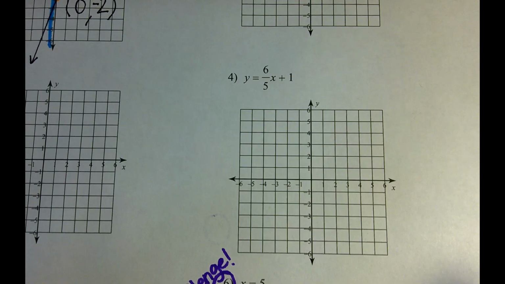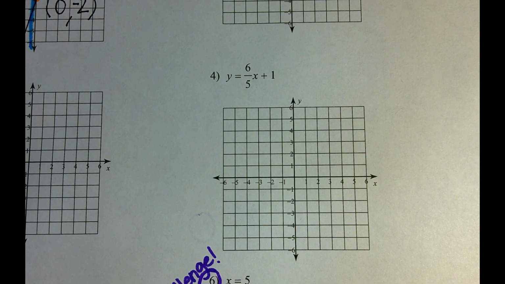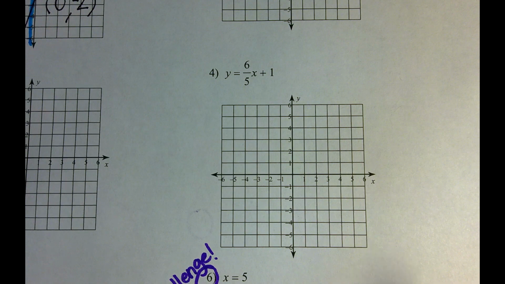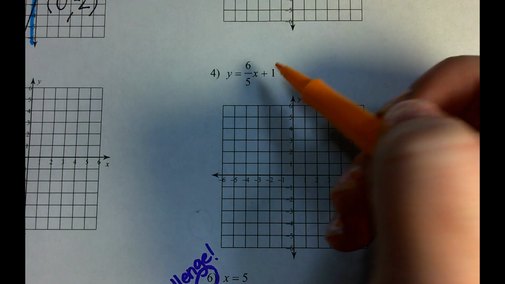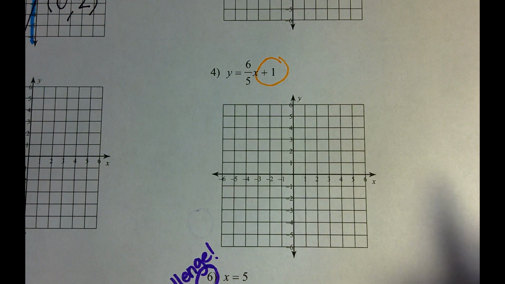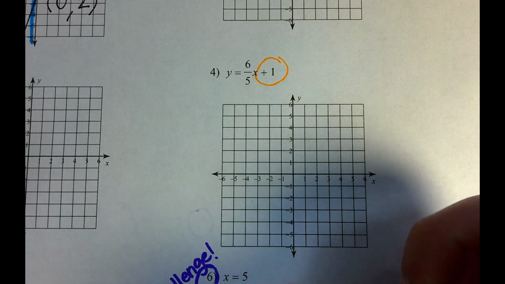So here's another one. Number 4, I've got y equals 6 over 5x plus 1. What am I putting on my graph first? First you're going to do 1. Yes, I see plus 1 at the end, so that's my y-intercept. So that's where I'm going to put a point on the y-axis.